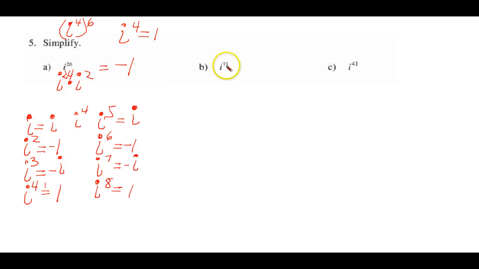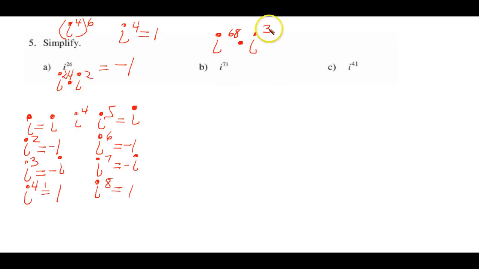Now i to the 71st. Well, I did some research on this, and this is i to the 68th power, which is divisible by 4. So we're left with i to the third.